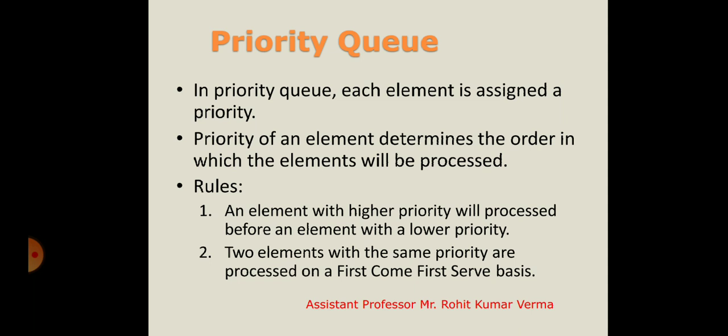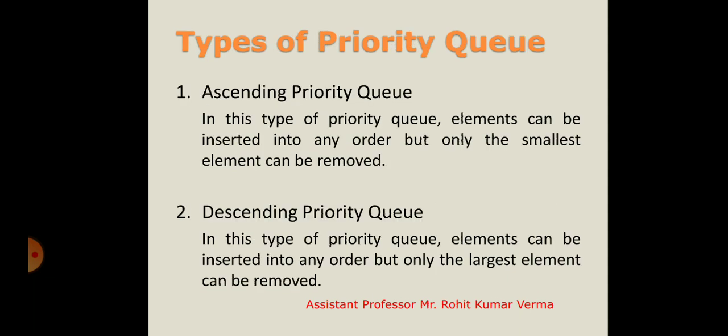Then dear students, we have two types of priority queue. Our first type is ascending priority queue and our second type is descending priority queue. So what is an ascending priority queue? In case of ascending priority queue, the elements can be inserted in any order but only the smallest element can be removed.